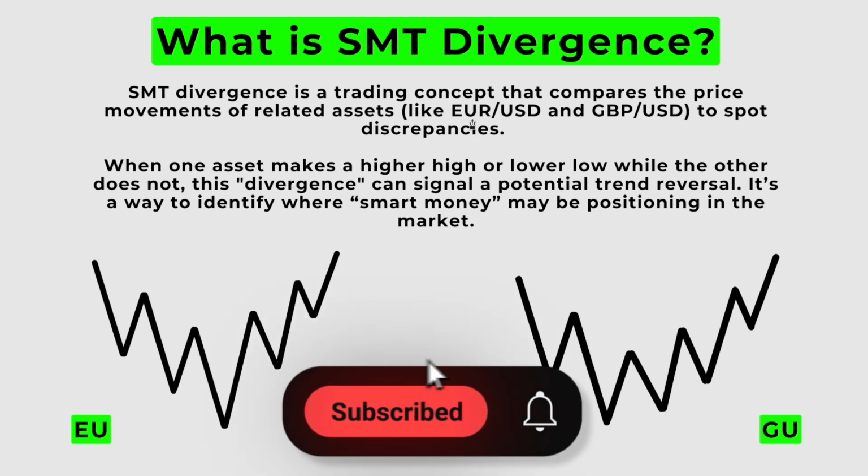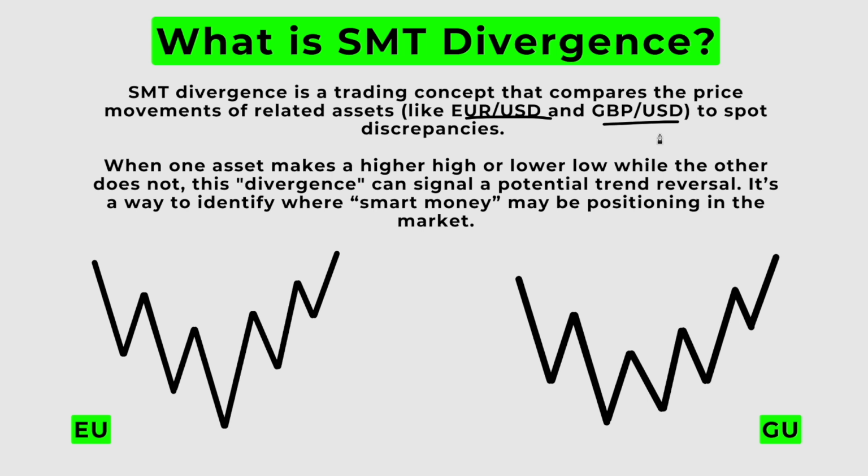Like I've mentioned here, Euro USD and GBP USD are correlated pairs, correlated assets. Here we have Euro USD and over here we have GBP USD. Here you can see we are in a downtrend in Euro USD. We have lower low, lower high, lower low, lower high, lower low. But on GU, we also have lower low, lower high, lower low, lower high, but then we have a higher low.